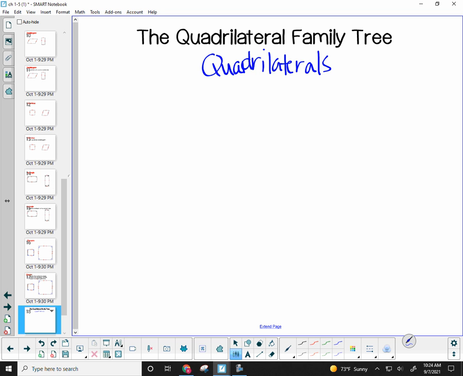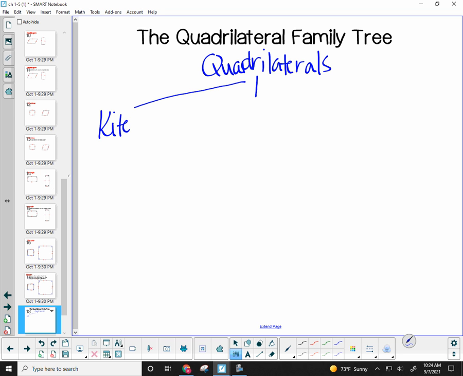Now, we have a lot of different quadrilaterals, and sometimes they have some special properties. Sometimes we have some kites, meaning it has four sides, but it has two distinct pairs of consecutive congruent sides. Those have no parallel lines. We never talked about parallel lines with those, right? We said two sets of consecutive congruent sides.